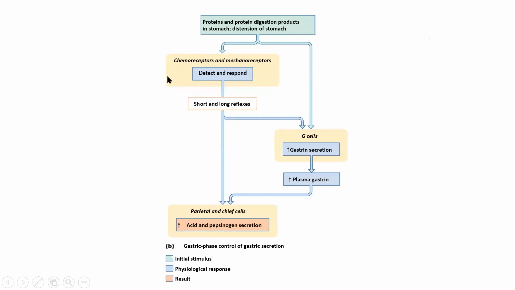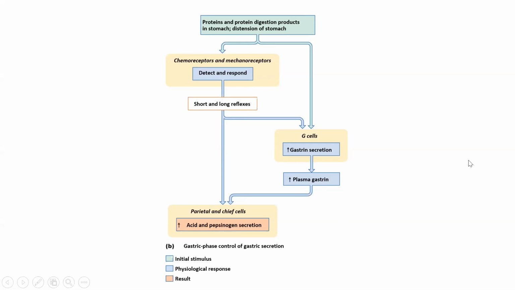The chemoreceptors that detect this are going to directly elicit the short reflex pathway, and then the central nervous system is going to be elicited as a part of the long reflex pathway. So both pathways are engaged, and the responses are going to be the G cells secreting gastrin, and then the parietal and chief cells secreting acid and pepsinogen, which is converted into pepsin.